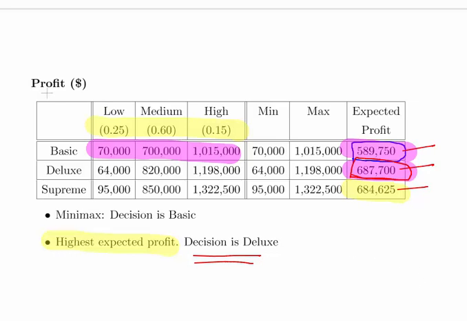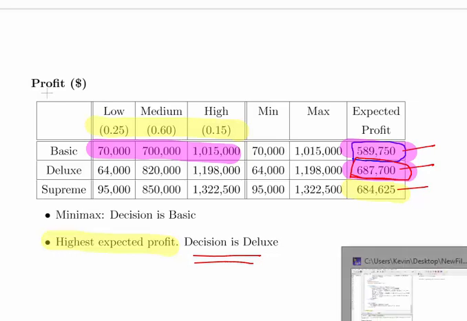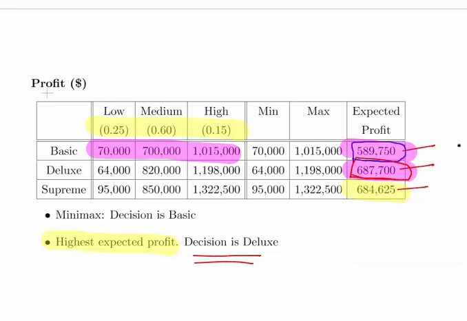Okay. So that sets up the idea of a Bayes criterion and its relationship to probability distributions and discrete random variables and expected values of discrete random variables. So you're picking the product choice with the best expected profit. Okay, we'll leave it there.